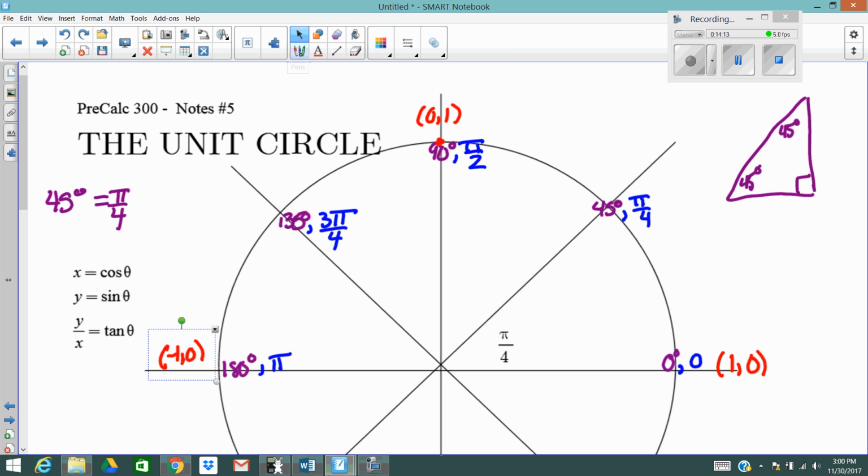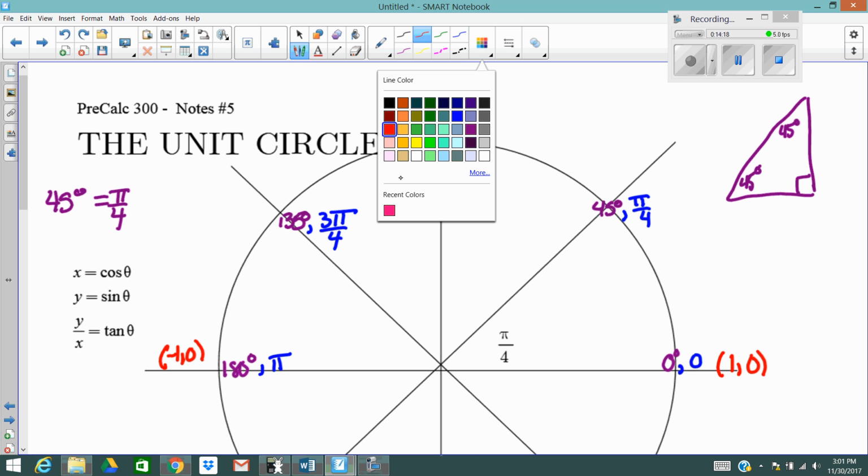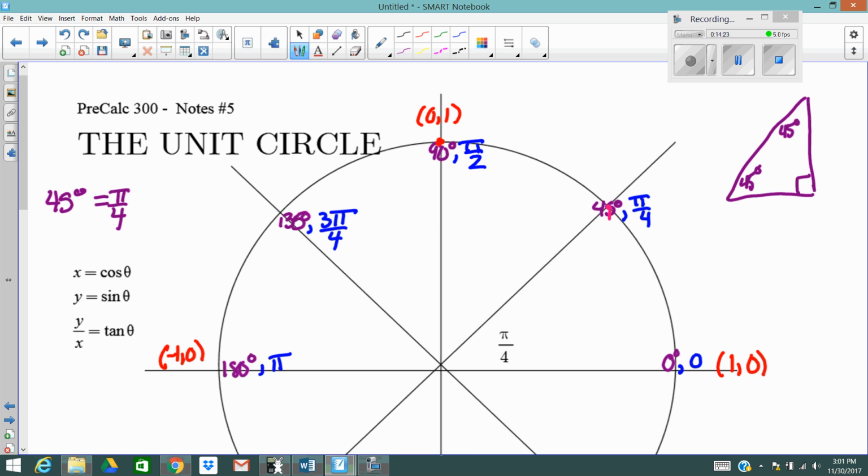So I'm going to create a triangle. And I have a 45, 45, 90 right triangle. Move that 45 in there. So I have a 45, 45, 90 right triangle with my radius measuring 1.